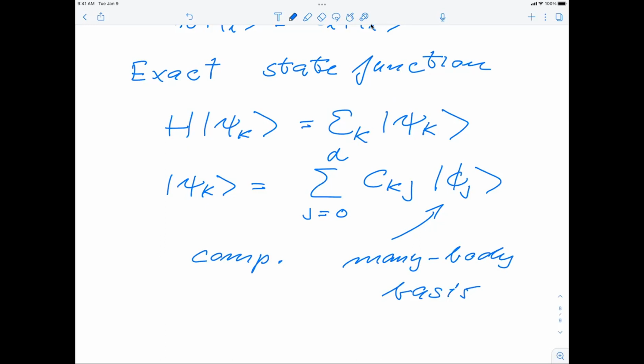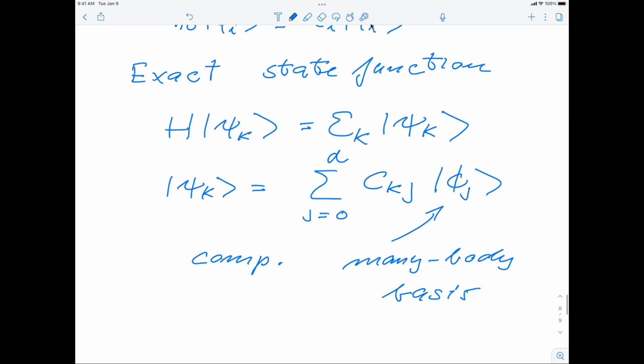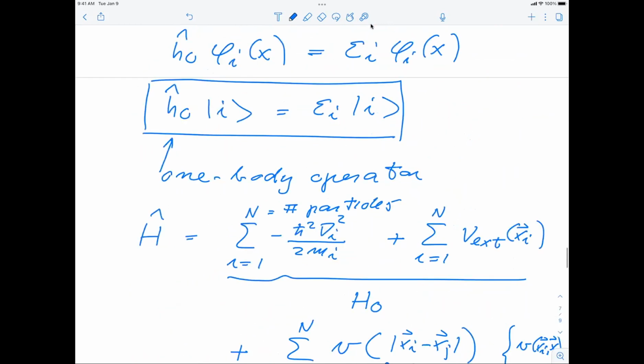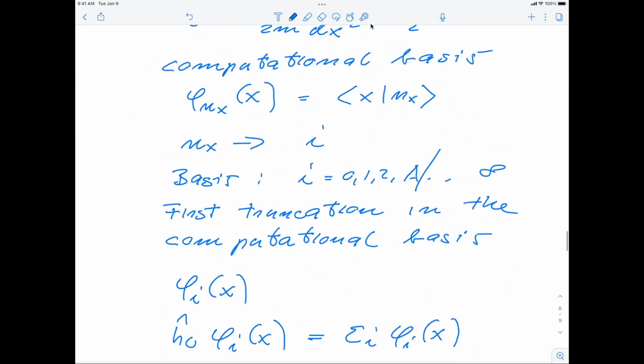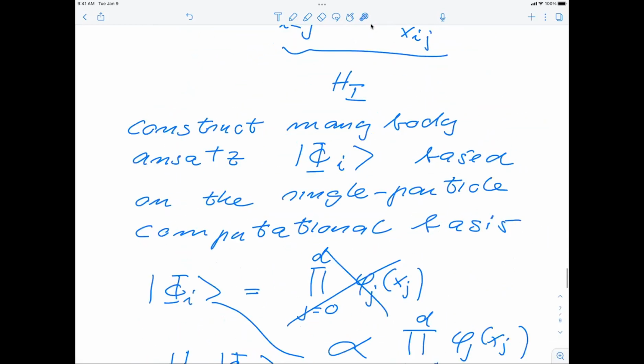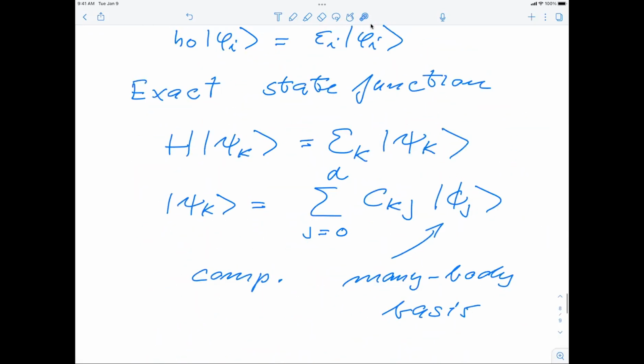Now, this truncation D is not the same as a truncation which we put up in the single particle basis, lambda. So here we put a truncation lambda in the single particle basis, but that's not the same truncation as the one we would have in the many-body basis, which I label as D here.